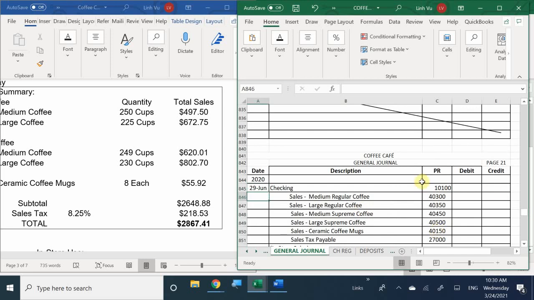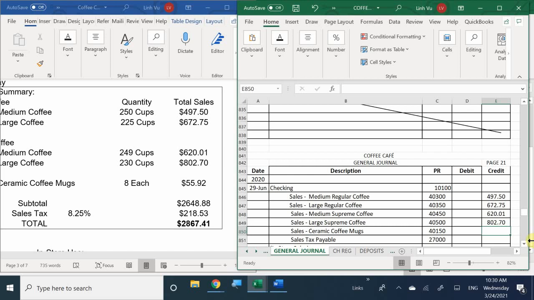So first off, what was my sales for my medium regular coffee? 49750. My sales for large regular coffee? 67275. My sales for the medium supreme coffee? 62001.